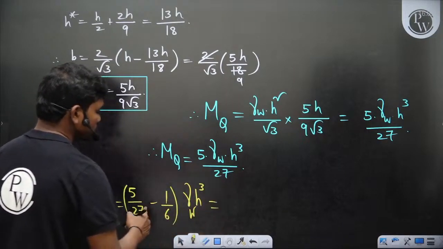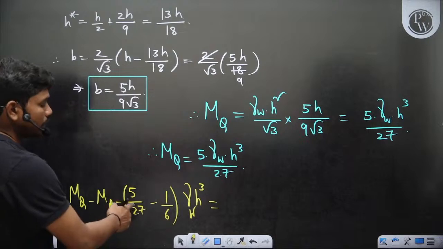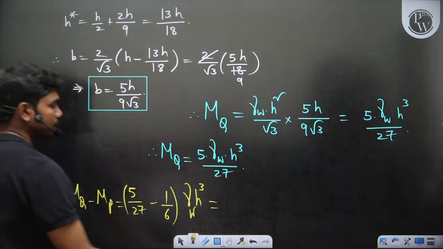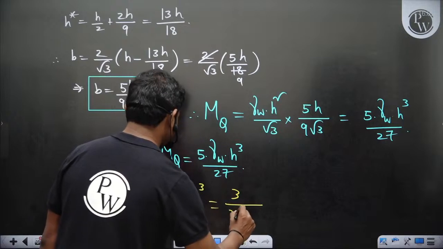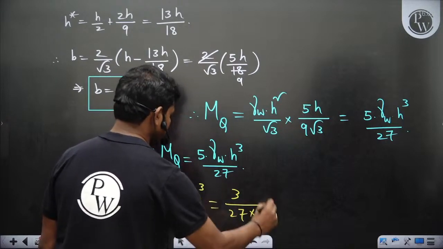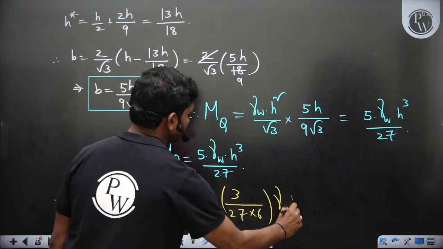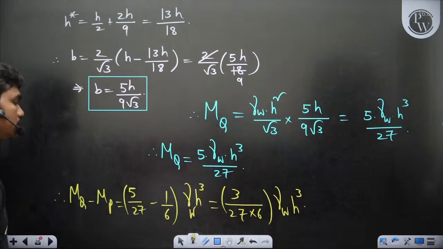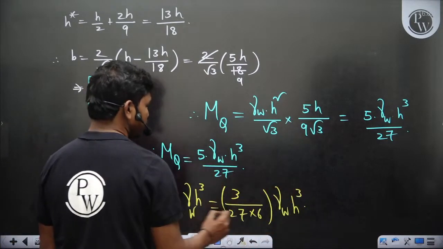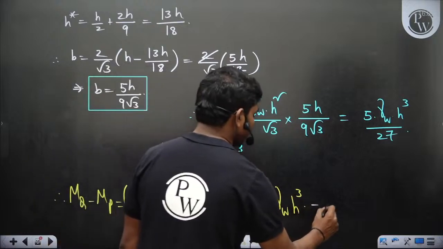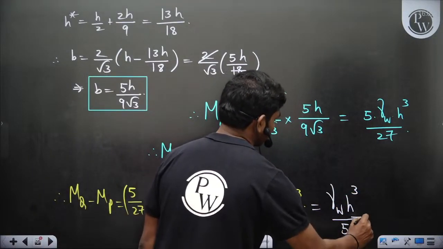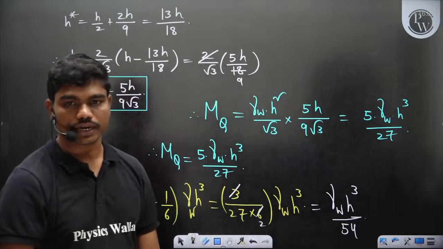Of course, 30 minus 27, 3 by 27 into 6 times gamma h cube, correct? This is the value you get, 30 minus 27 by 6 into 27. So clearly, this is 2 gamma w h cube by 54 is the difference that you are getting.